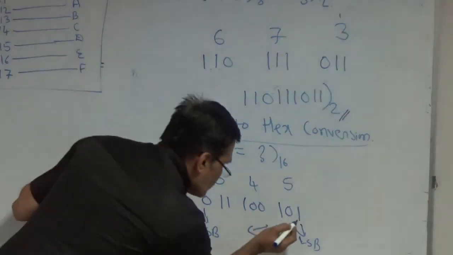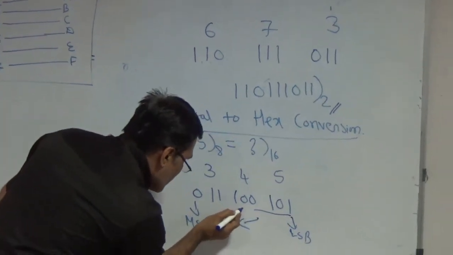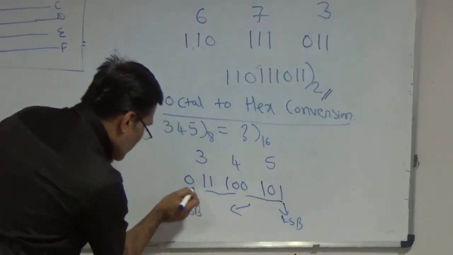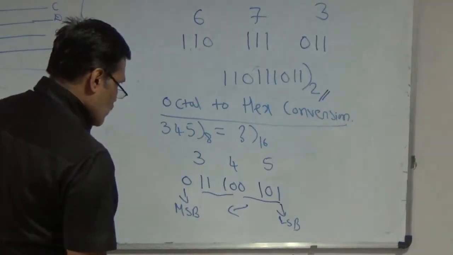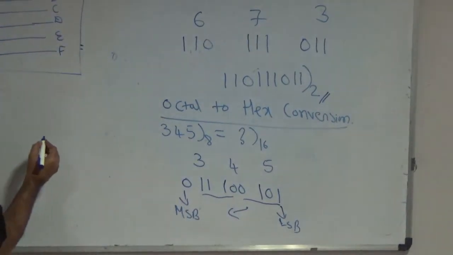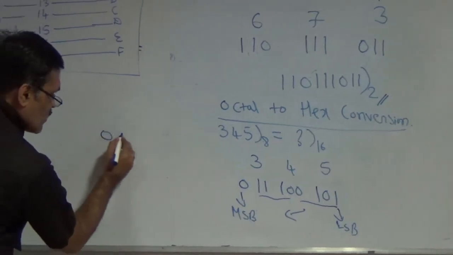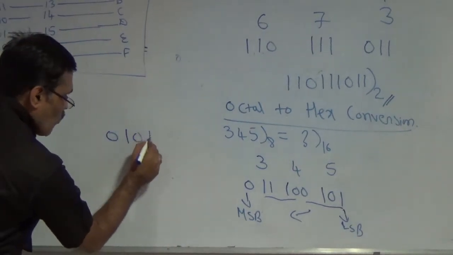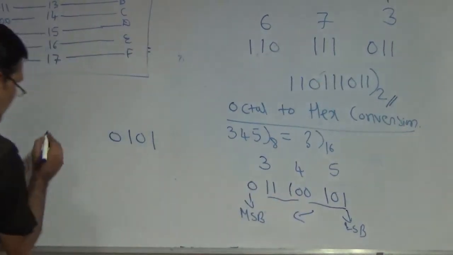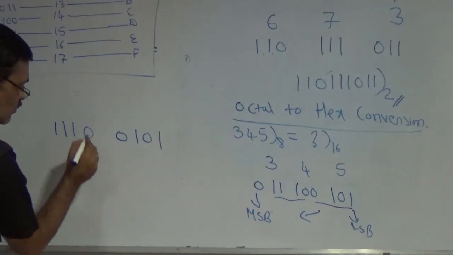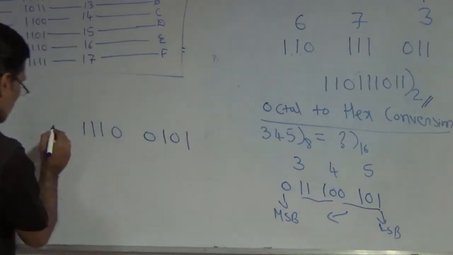This is my first group, this is my second group, and the remaining is 0. So the first group is 0101, the second group is 1110, and the last group is 0 only.